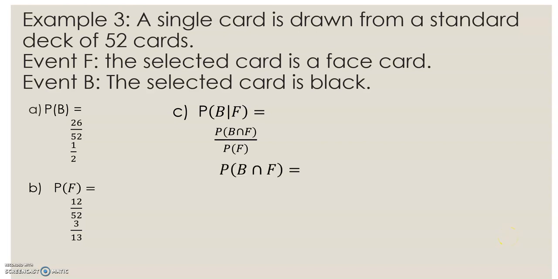Just looking at the probability of the intersection of black and a face card, there are 6 black face cards, so it's 6 out of 52, which is 3/26. We're going to have to divide that 3/26 by our probability of F, which is 3/13. 3/26 divided by 3/13 is 1/2.